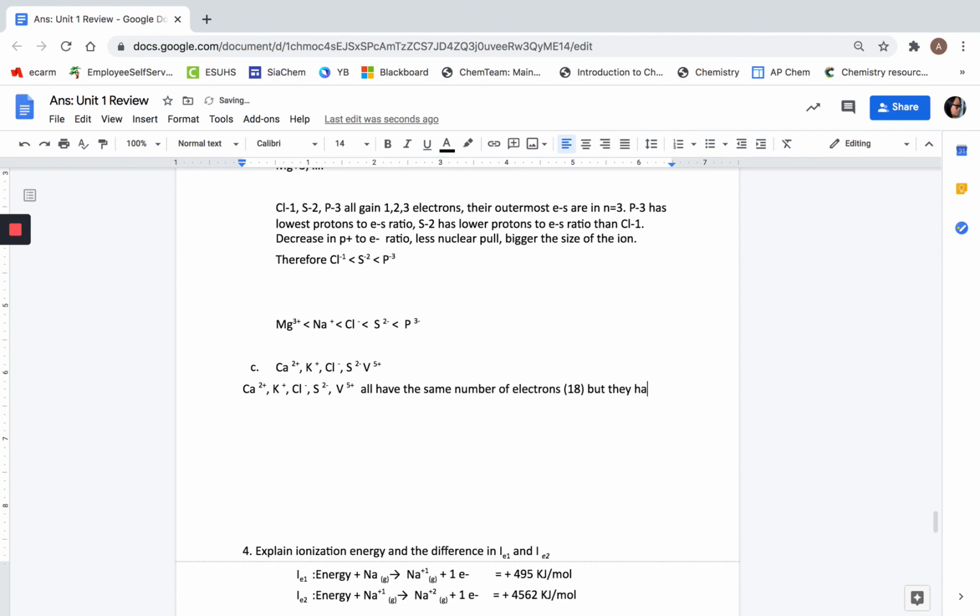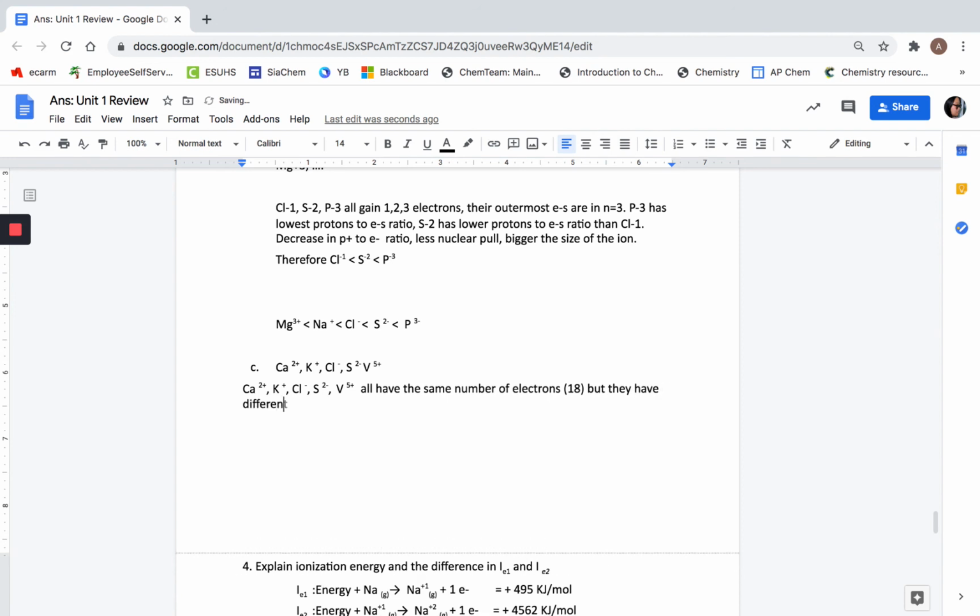but they have different numbers of protons.